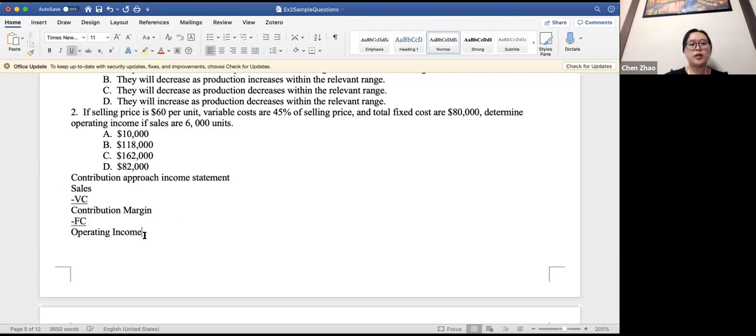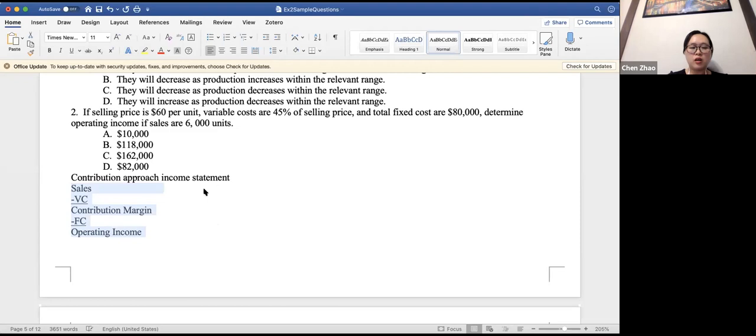So this is the way that we reach our operating income. I think you should be able to just write what I just wrote and do this contribution approach income statement very easily.